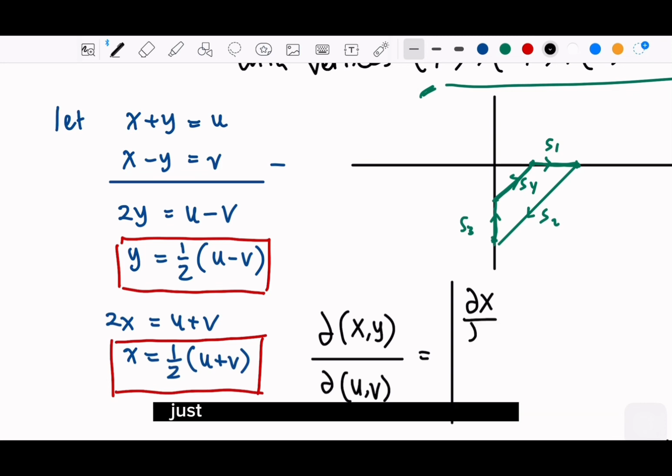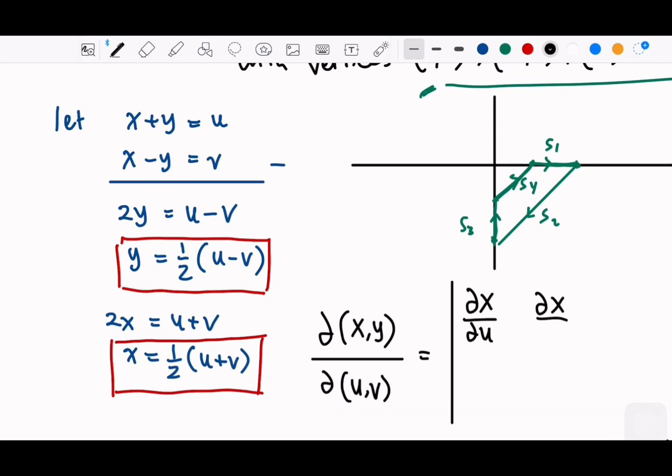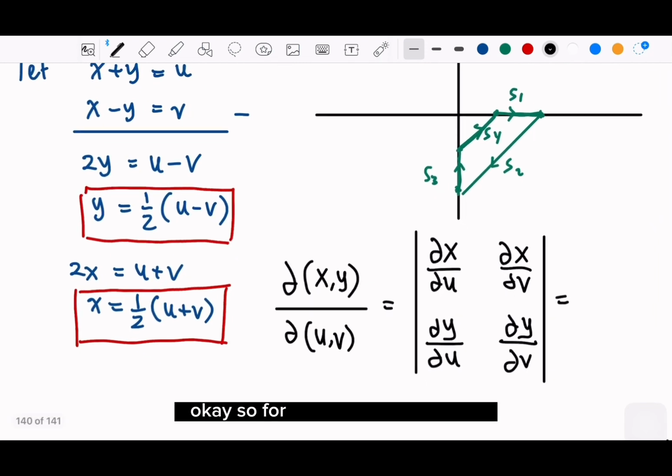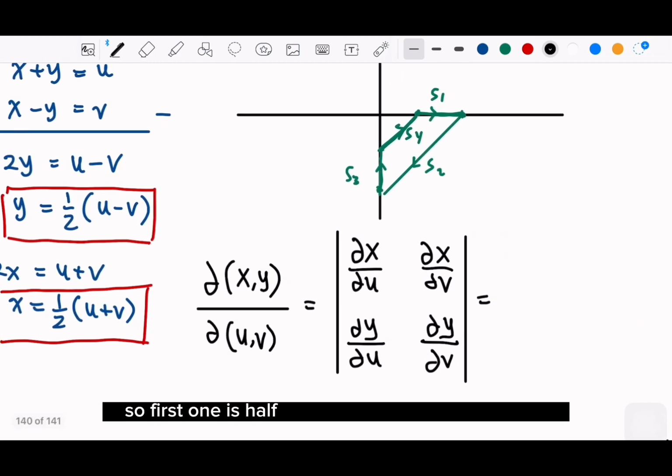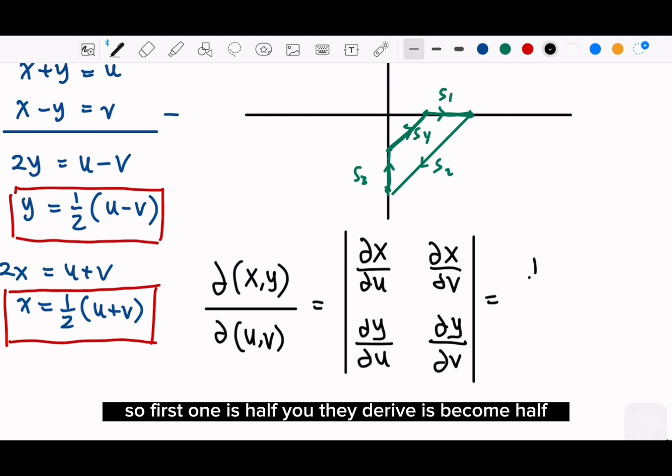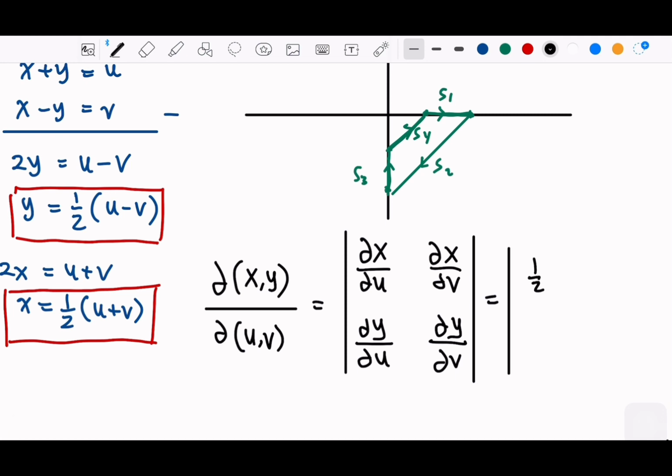So let me just write it, just to help you remember what this is. Okay, so for both, we just have half, and this is just a linear equation. So the first one is half u, the derivative becomes half. The second one, v, we differentiate, it's negative half, because it's negative half v.